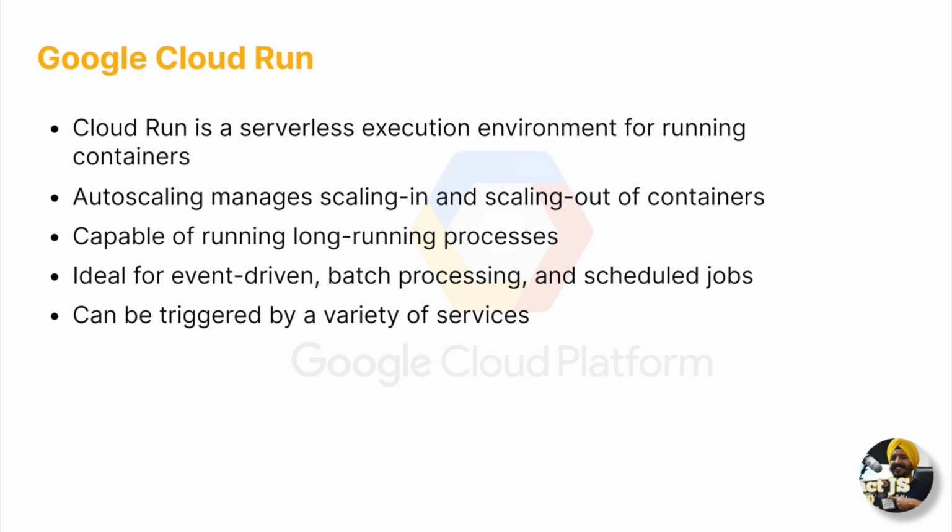And you can process messages sent via a message-oriented middleware called Cloud Pub/Sub. It's a message queue, so you can connect Cloud Run to one of the topics of Cloud Pub/Sub, and as soon as a message shows up in the topic, Cloud Run will start processing that.